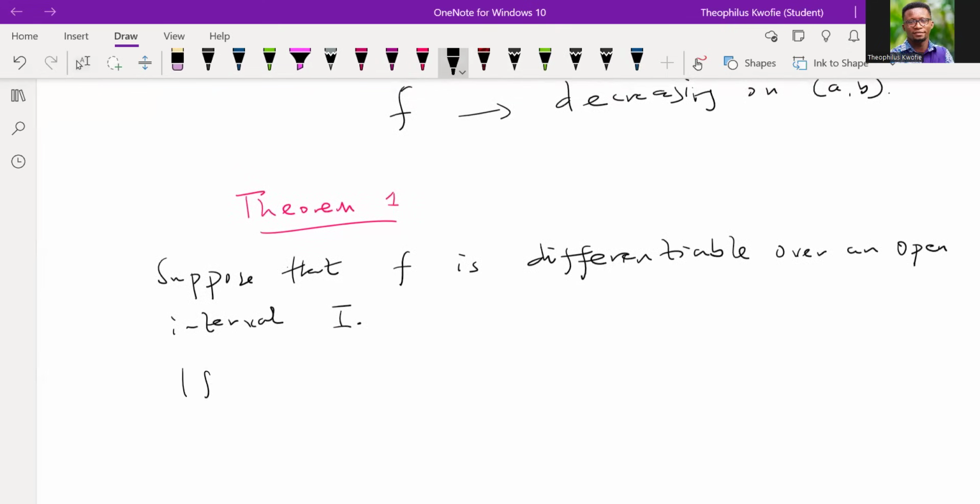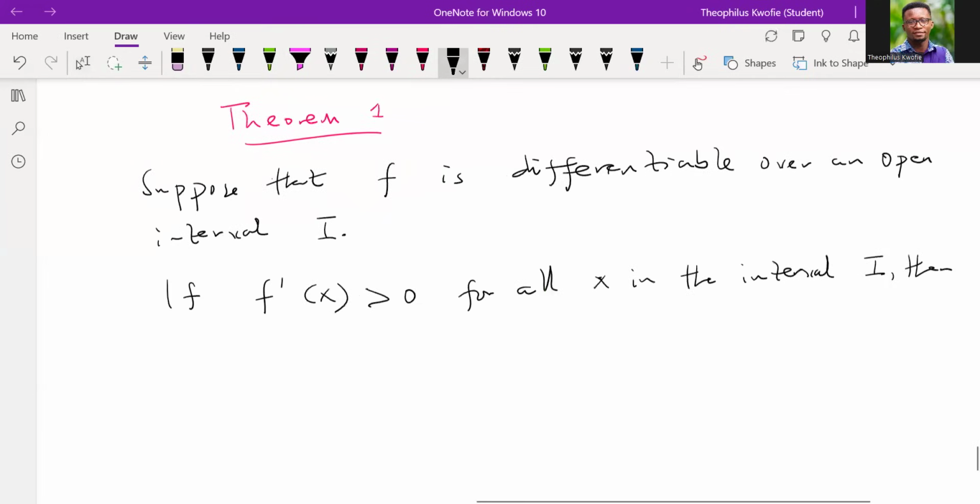We claim that if f prime of x, in other words the first derivative of the function, is strictly greater than 0 for all x in the interval I, then f is increasing over the interval.